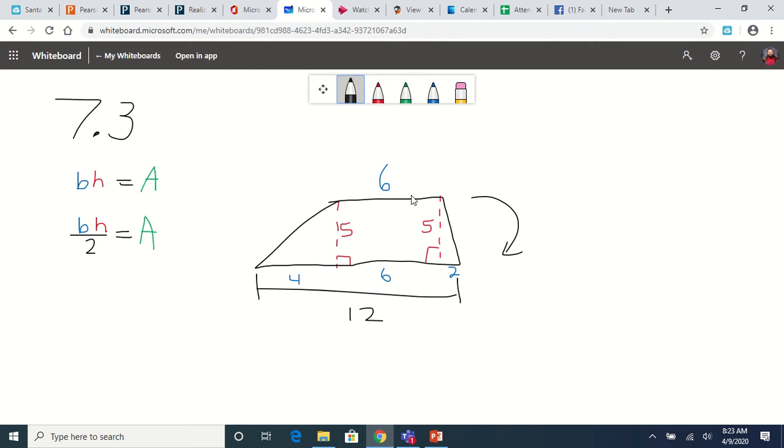So there is a formula. I know I keep talking about it, and you guys are like, oh, you gonna give us a formula? It does revolve around multiplying base times height, but you have to realize that because this shape can be turned upside down, you actually have two bases.